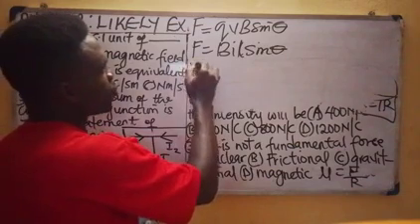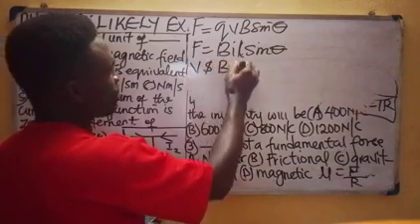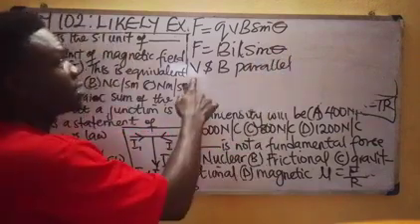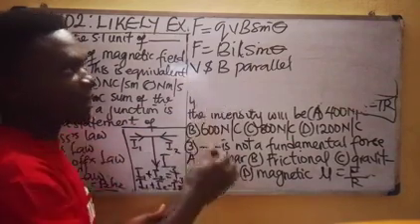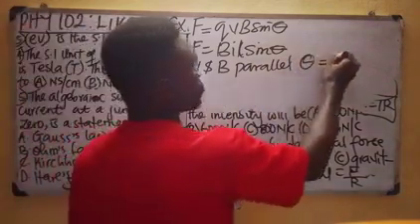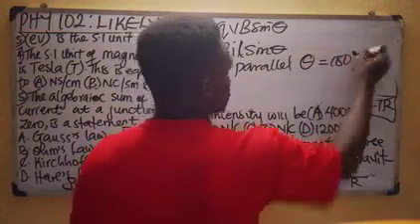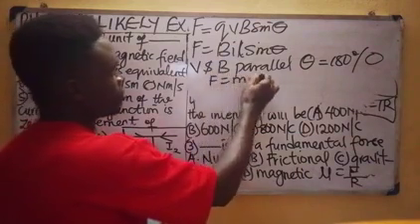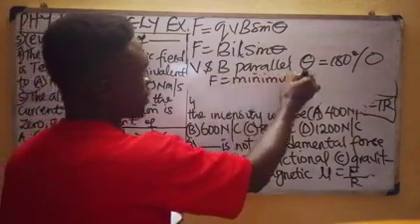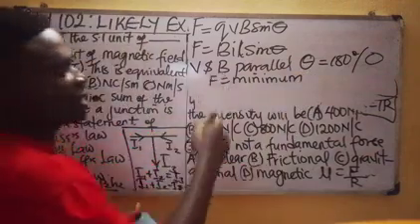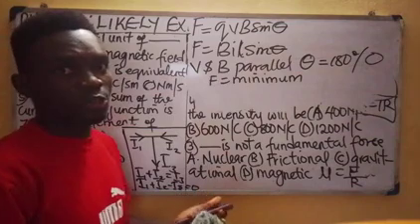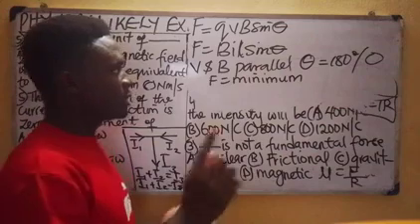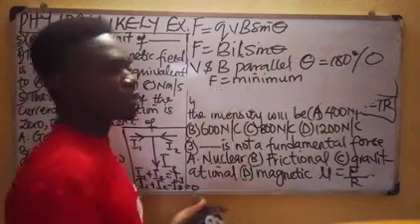All right, and please, you should note something. When the velocity and B are parallel, the angle of inclination is usually 180 degrees or 0. It therefore means that the force is minimum. When V and B are traveling in the same direction or are parallel, the angle is 180 or 0, so the magnetic force is minimum.